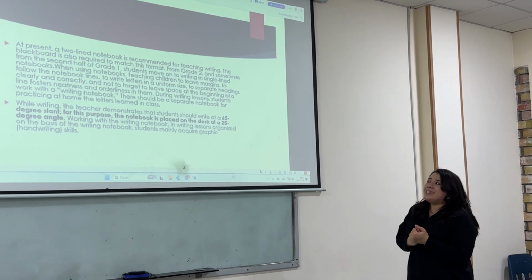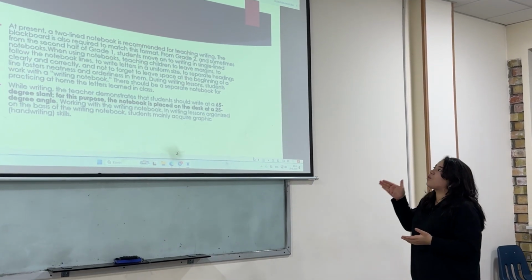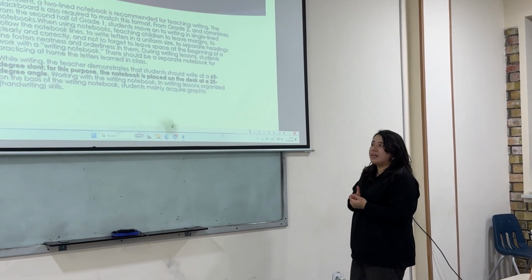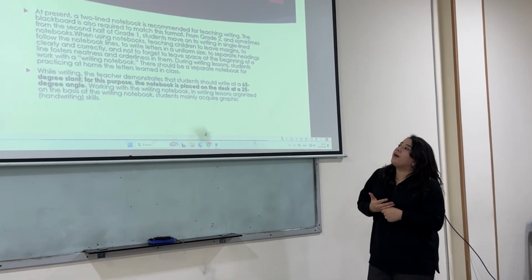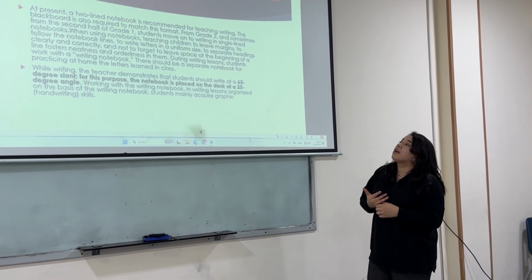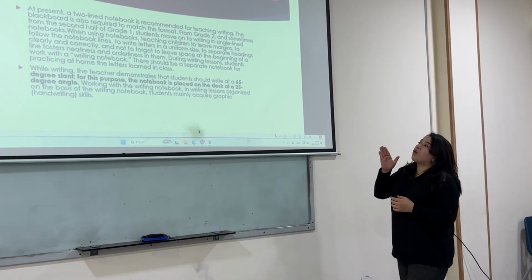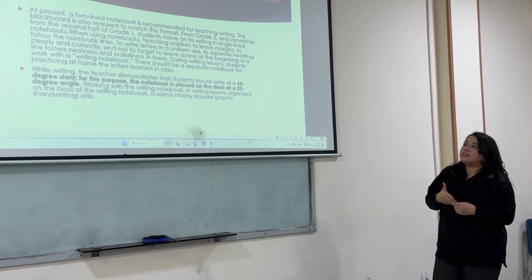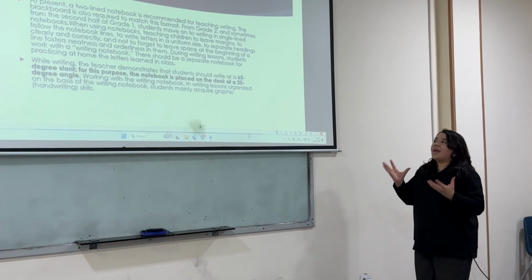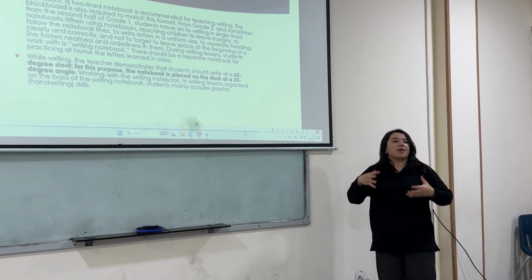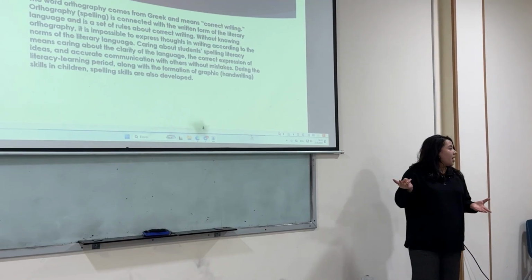While writing, the teacher demonstrates that students should write at a 65 degrees slant. For this purpose, the notebook is placed on the desk at a 25-degree angle. In writing lessons organized on the basis of a writing notebook, students mainly get graphic handwriting skills.